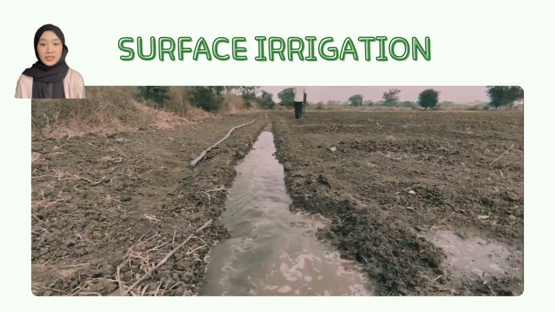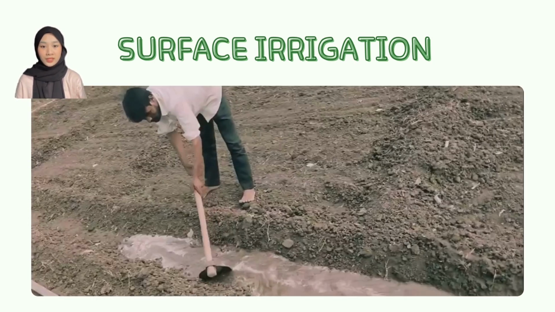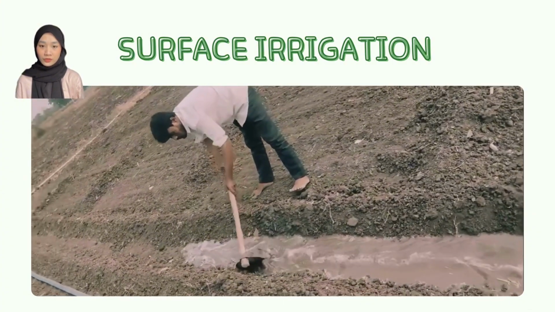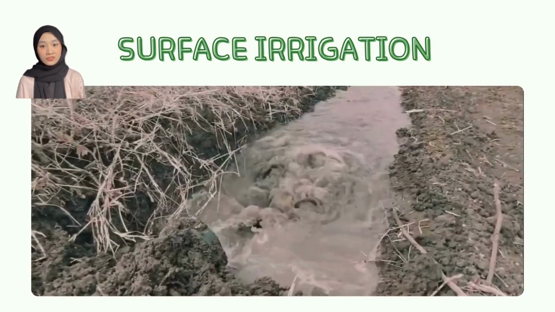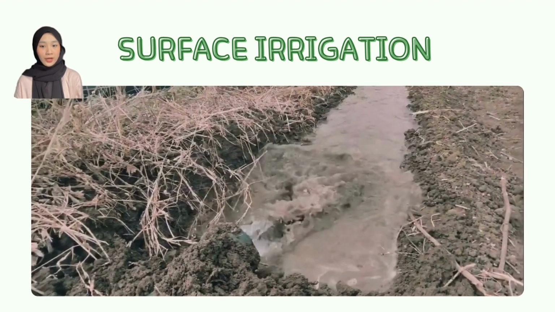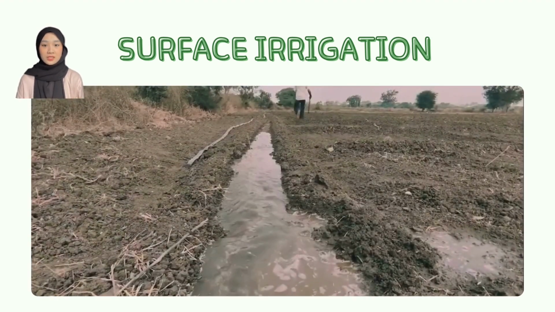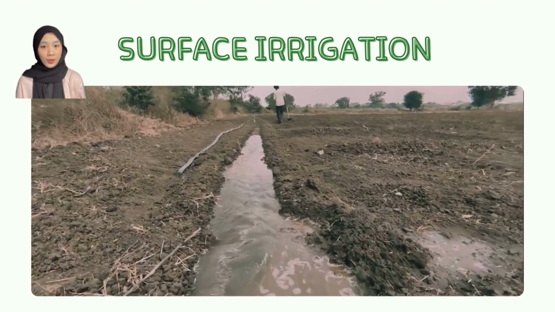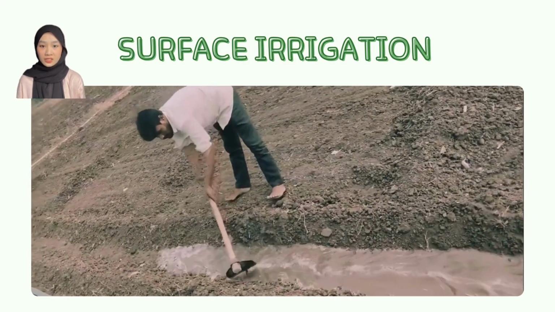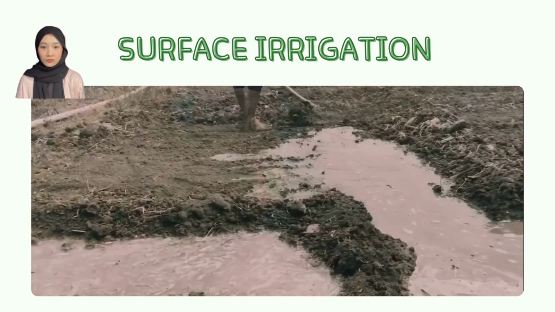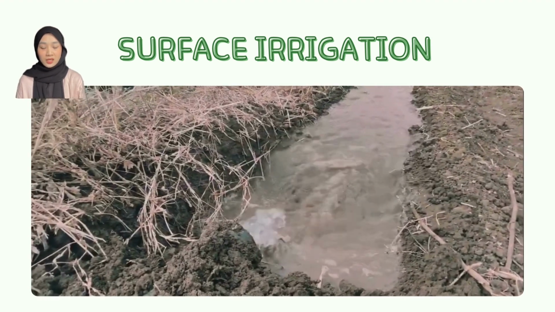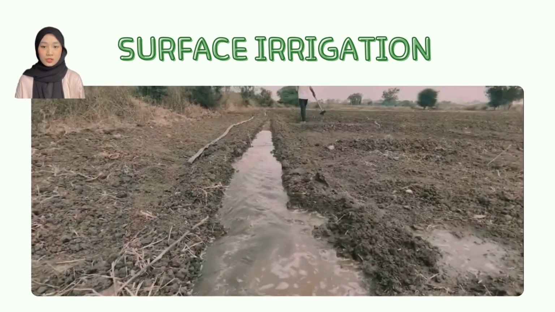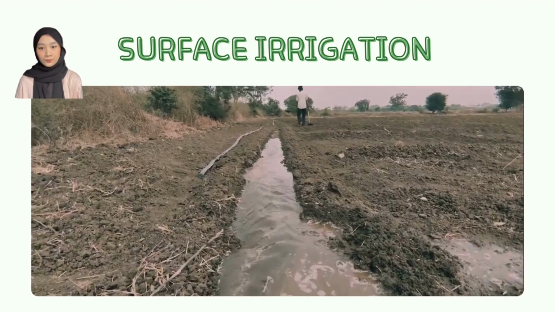As you can see here, water is applied at the top end of the field and then it flows across the surface by gravity or by manpower. This is a simple method. No pumps or pipes are needed. The water travels through furrows or between raised beds and eventually soaks into the soil.